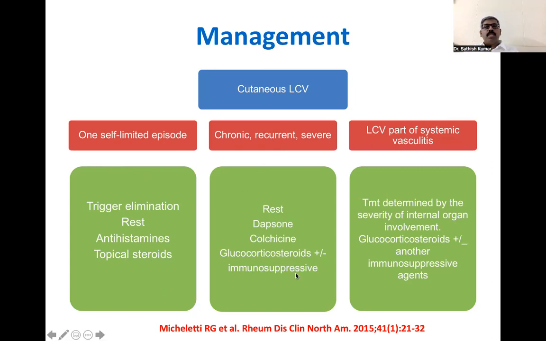Glucocorticoids and immunosuppressants, especially azathioprine or mycophenolate, can be used to prevent the recurrence. Suppose the skin vasculitis is part of a systemic disease, when you treat the systemic disease with high dose steroids and immunosuppression, the skin manifestations usually disappear.